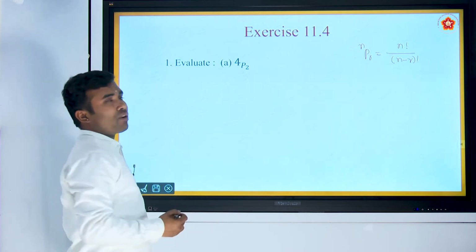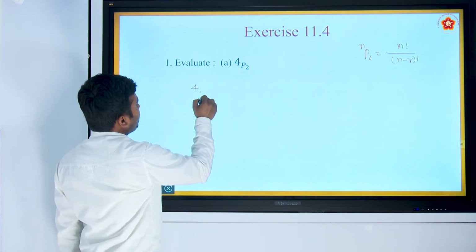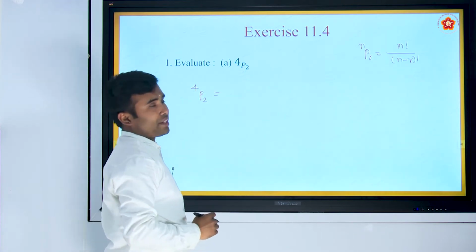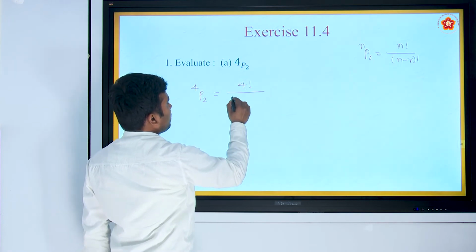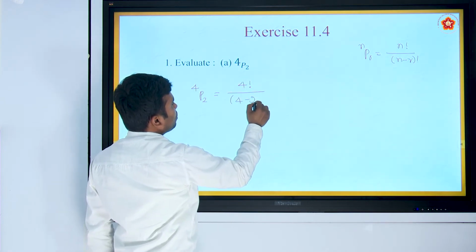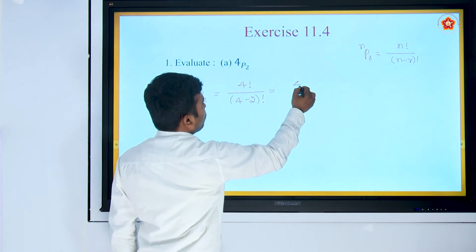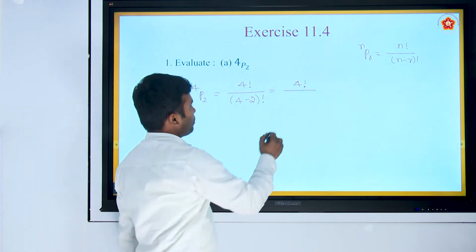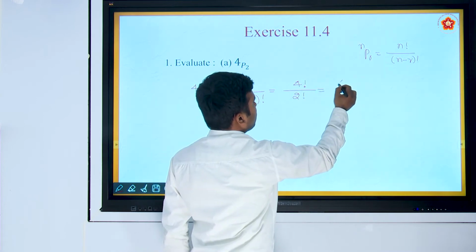Here n is 4 and r is 2. So 4P2 is 4 factorial divided by (4 minus 2) factorial, which is 4 factorial divided by 2 factorial.